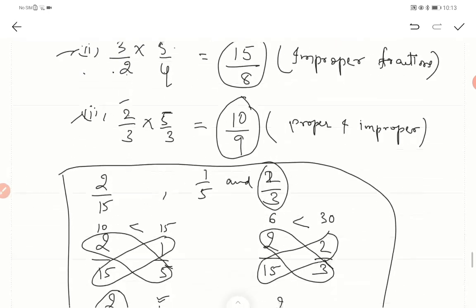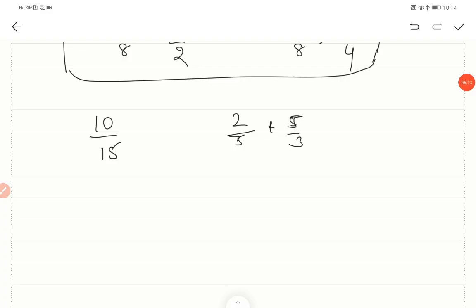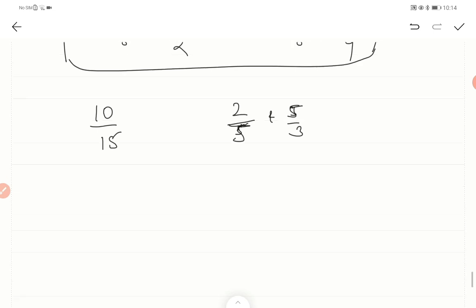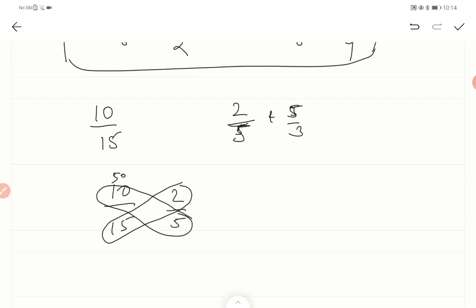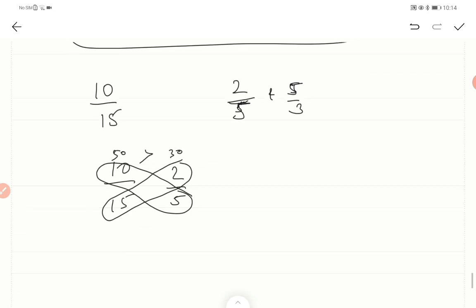Let's do this third. So this is the product 10 by 15, and the fractions given were 2 by 5 and 5 by 3. Let's compare 10 by 15 with 2 by 5. So 10 fives is 50 and 15 twos is 30. Here 50 is greater than 30, therefore 10 by 15, that is the product, is greater than 2 by 5.